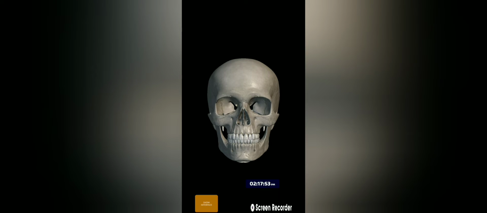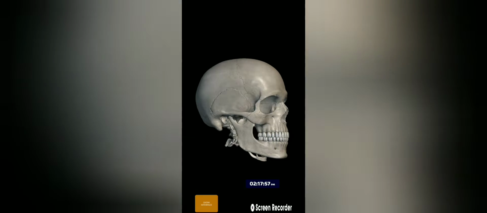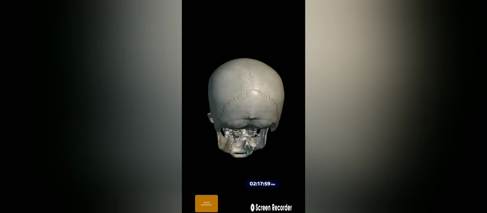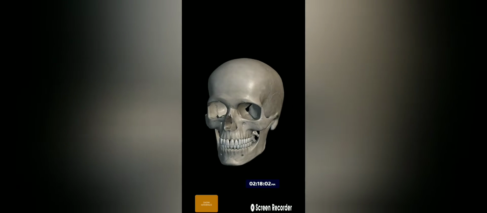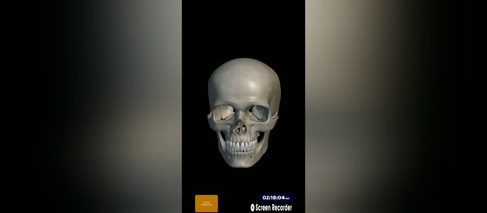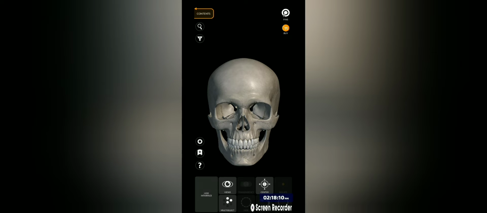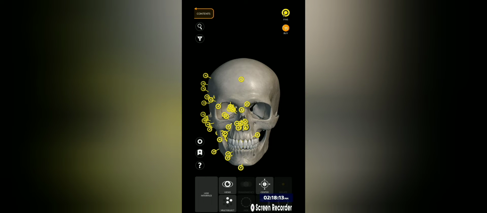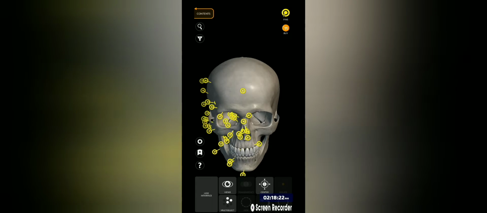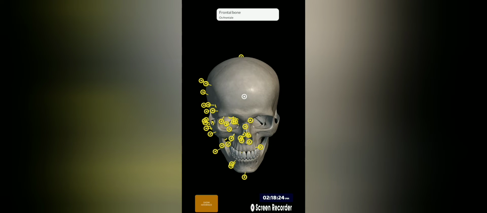Now we will discuss the bones of the skull. See, this one is the skull. The skull comprises basically paired bones and unpaired bones. The calvaria or the brain case is composed of 14 bones.